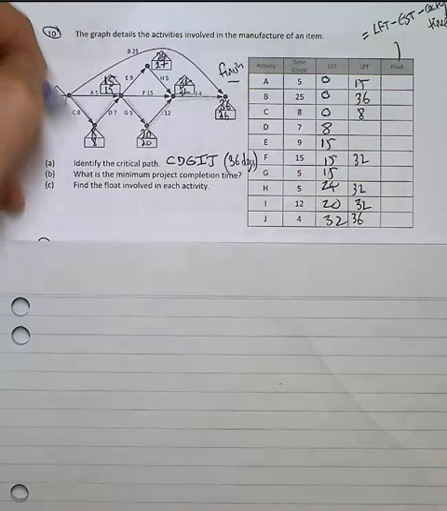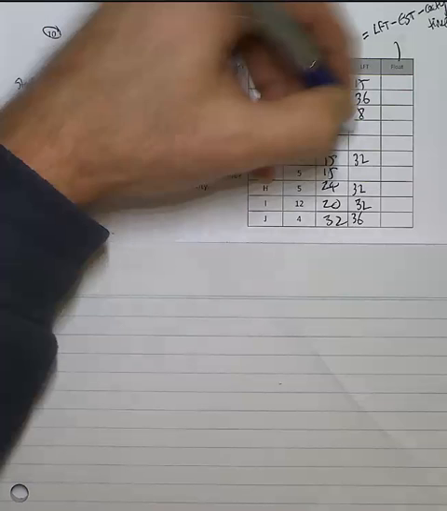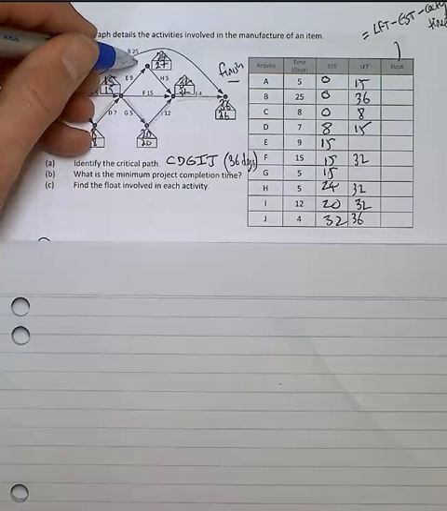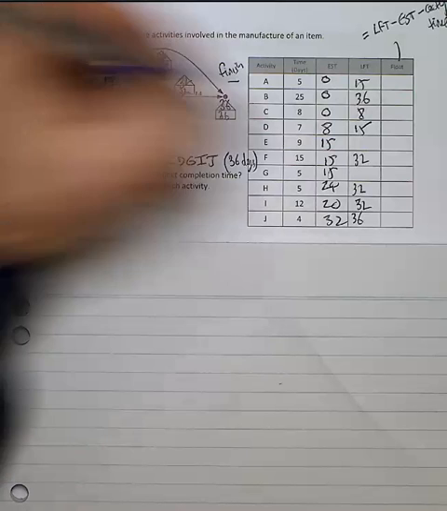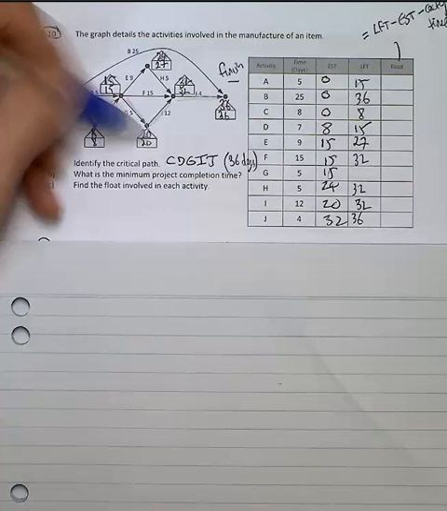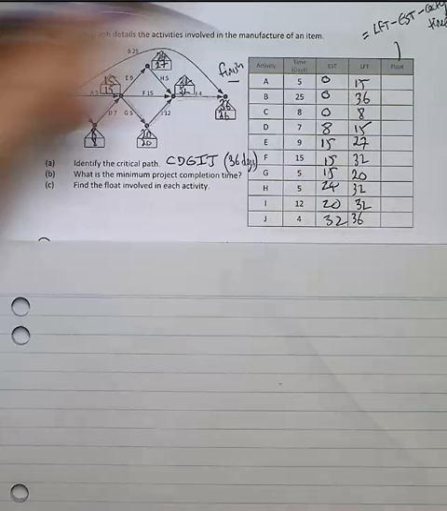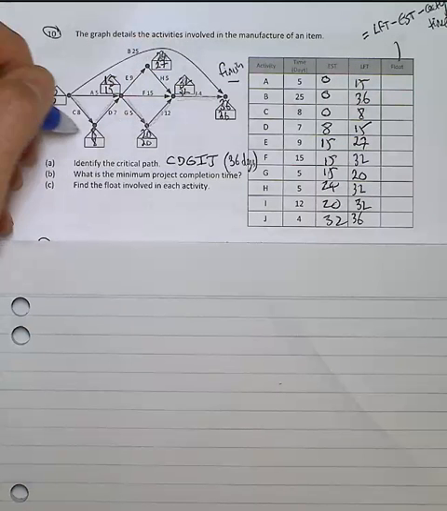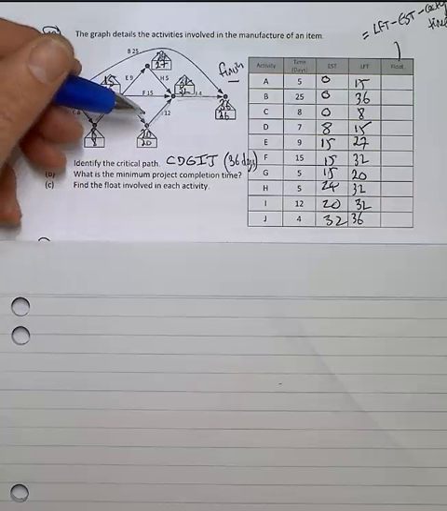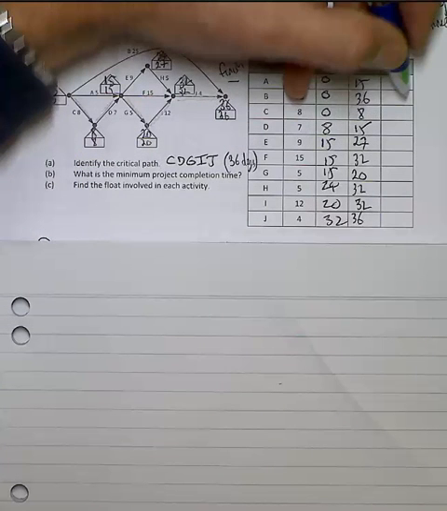Anything on the critical path, D has to finish at 15. E, well, E can finish as late as 27. And the only gap I've got, which is G has to finish at 20. Now, by default, all the activities on the critical path are going to have a 0 float time. So I'll just do that.